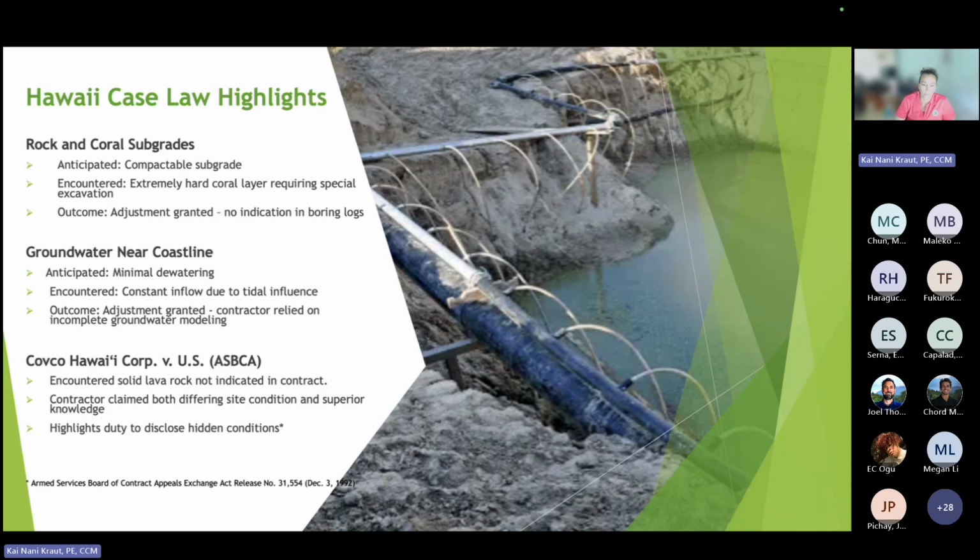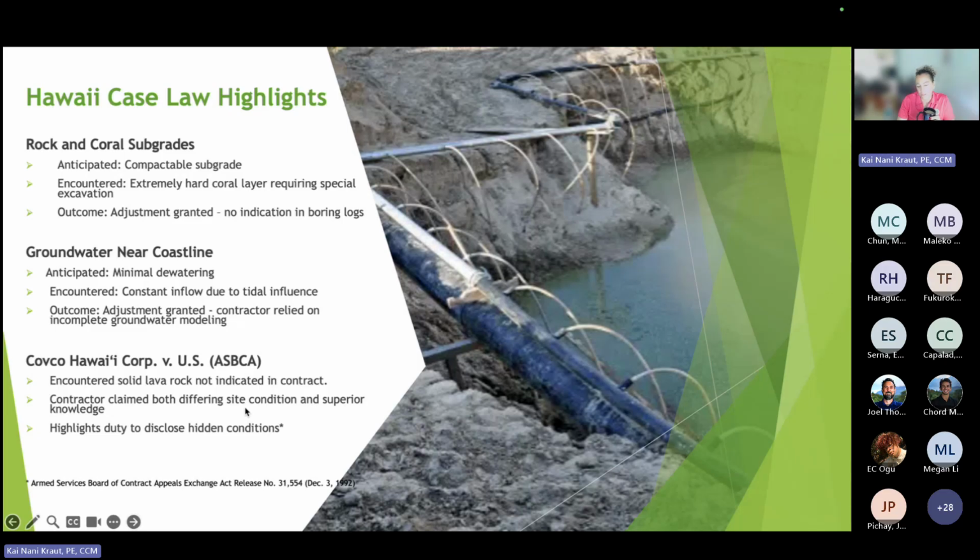So that's one example. Another example might be hitting water at a level that was not indicated in the plans. And again, in that scenario, adjustment was allowed to the contractor, especially if they're relying on groundwater. Maybe it's typical in the area, and this was an atypical example.